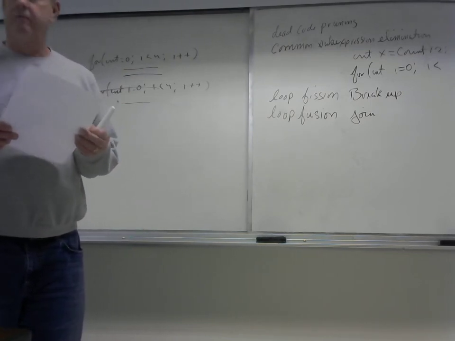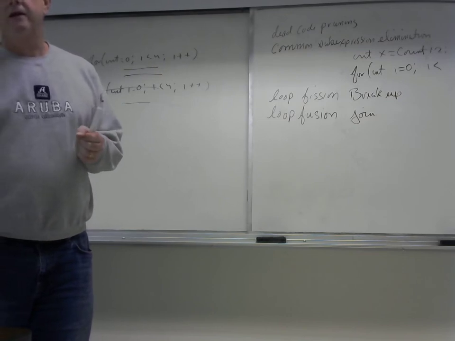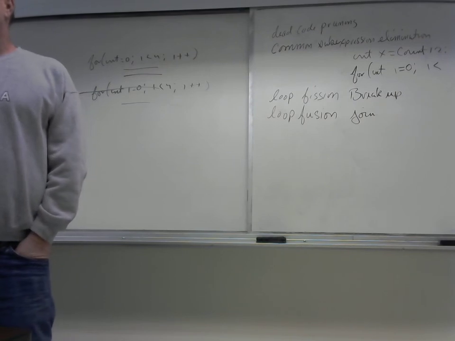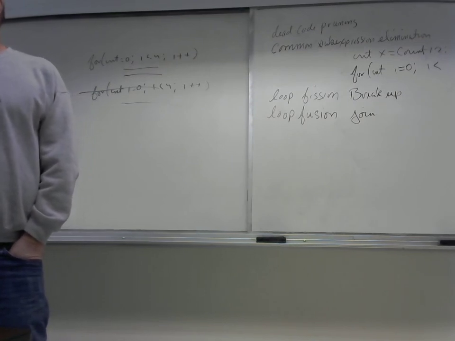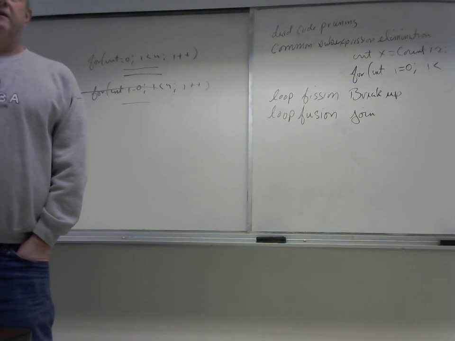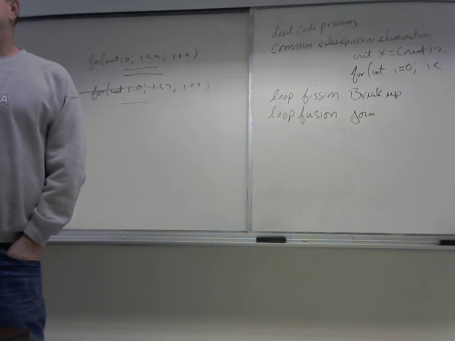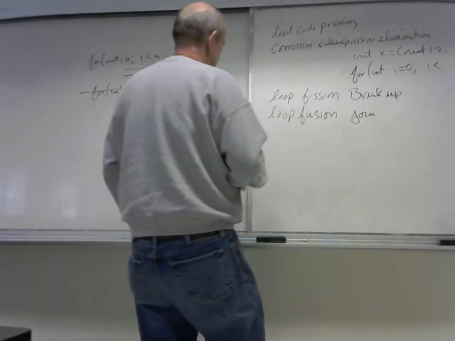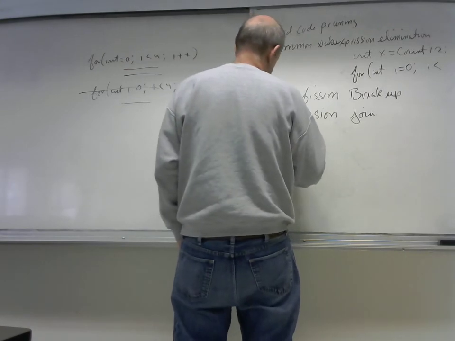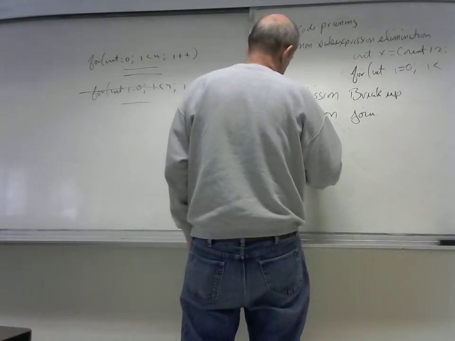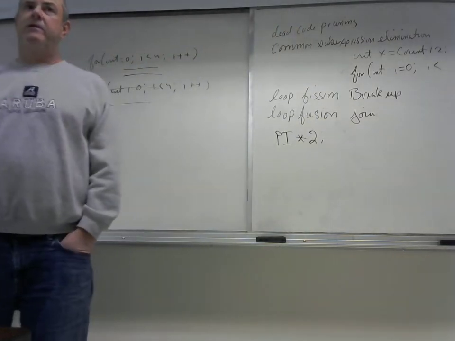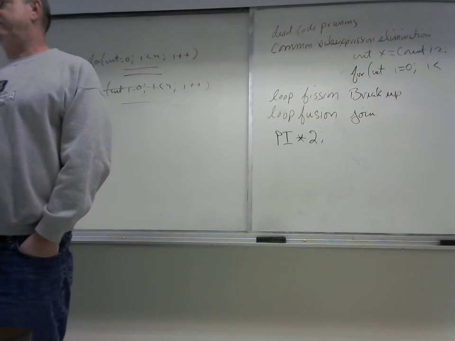Constant folding. Well, sometimes in a program there are expressions that you can resolve and get rid of. So maybe you have something like pi times 2, and you use this in a bunch of different places.